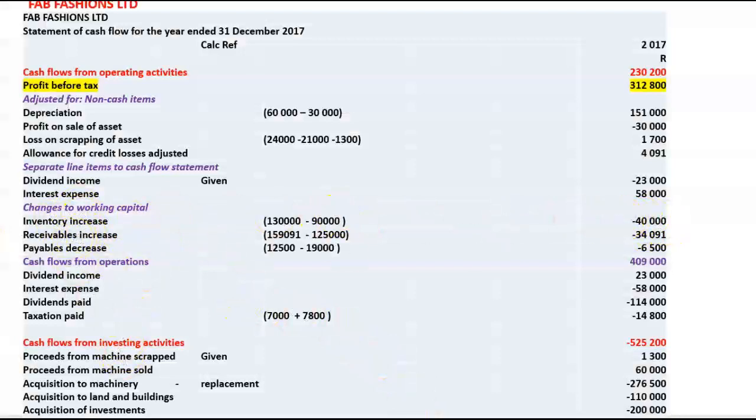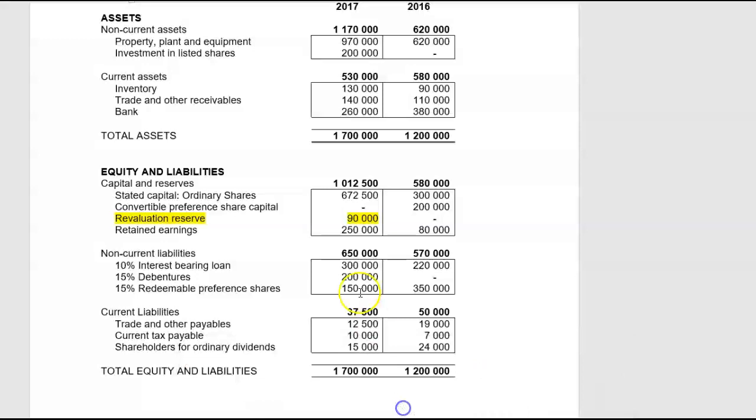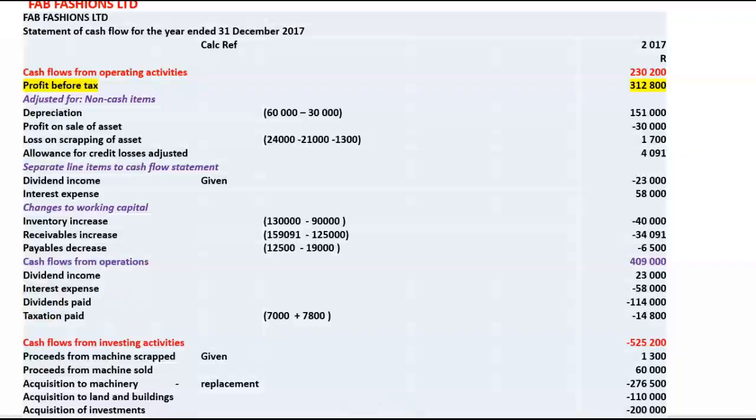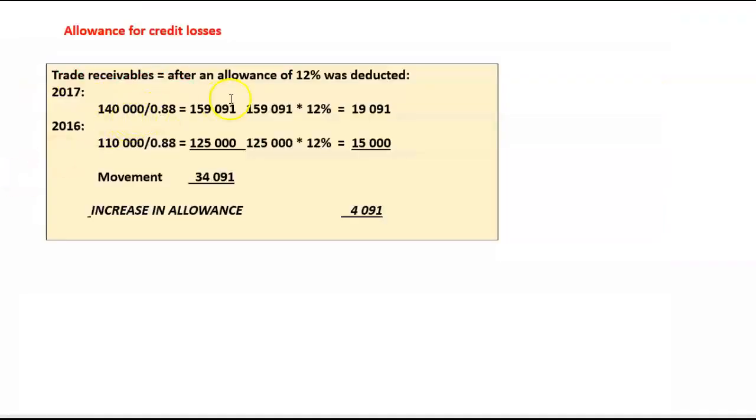Now for your trade receivables, you must be careful because the trade receivable figure, as you see it there, is after the allowance was actually deducted. So when you worked out the gross amount of trade debtors, remember we divided it by 88%.